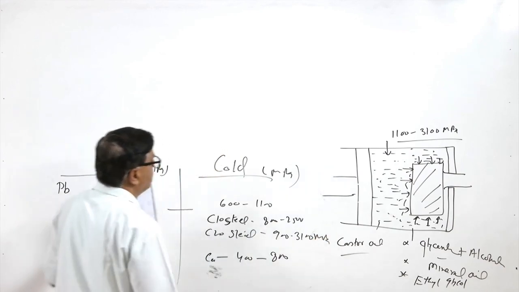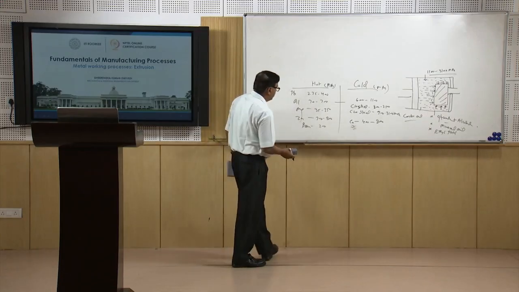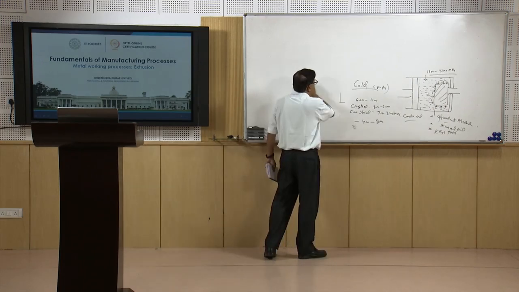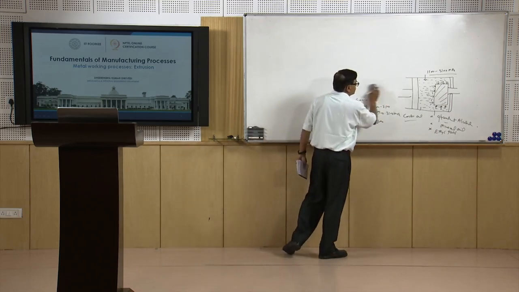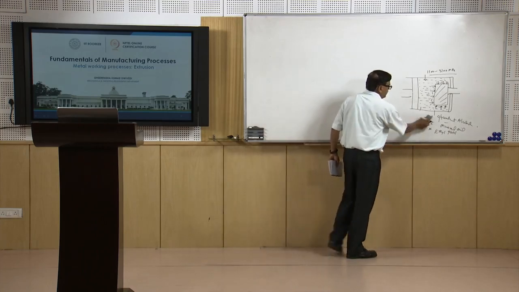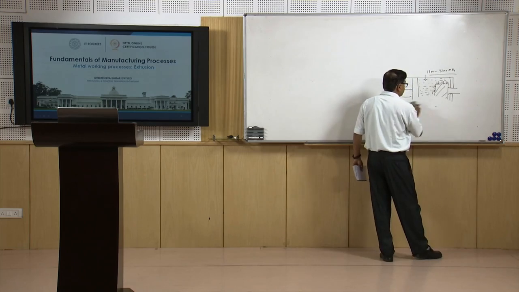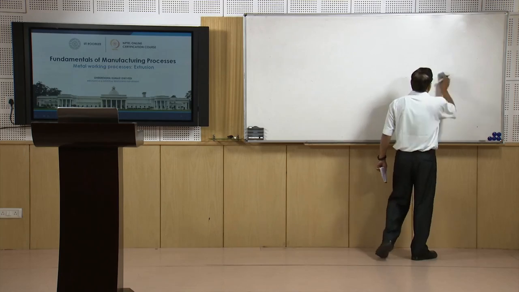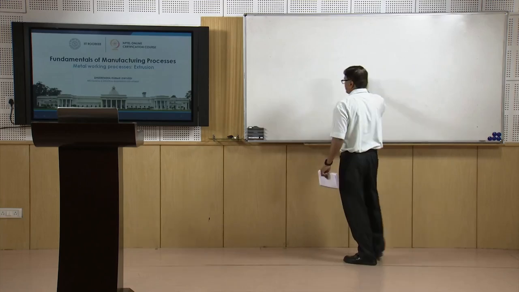So, the pressure requirements increase when cold extrusion is carried out as compared to hot extrusion, because under hot extrusion conditions the metal has lower yield strength and higher ductility. So, it facilitates easier plastic flow to get the desired change in the cross section through the extrusion process. Now, two cold extrusion processes are left.